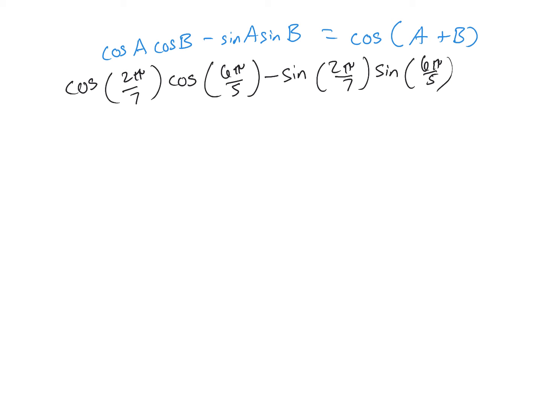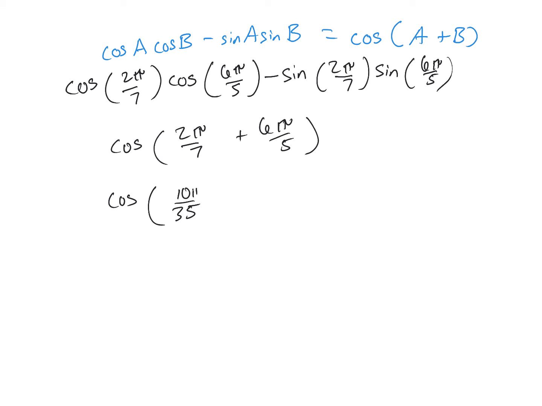So with that, I can rewrite my equation to make it easier to solve. So then this becomes cosine of 2 pi over 7 plus 6 pi over 5. I just need to combine them. So here we want 35.